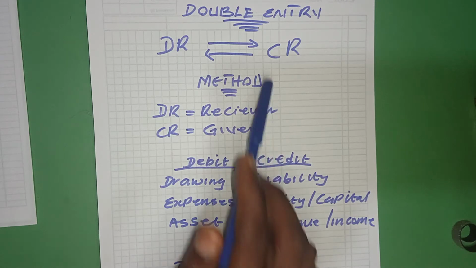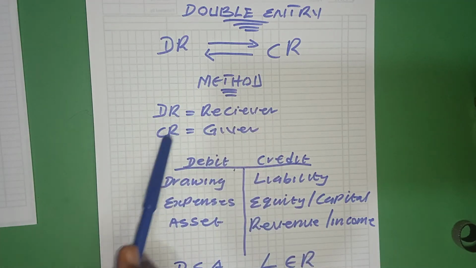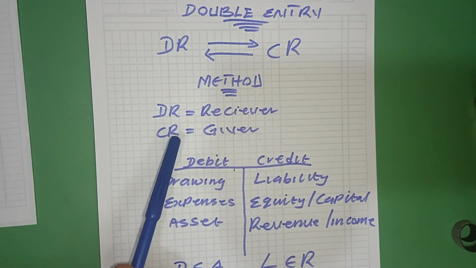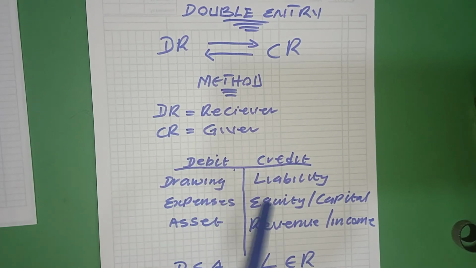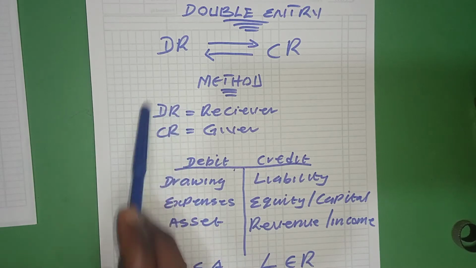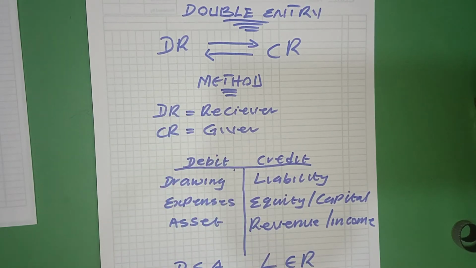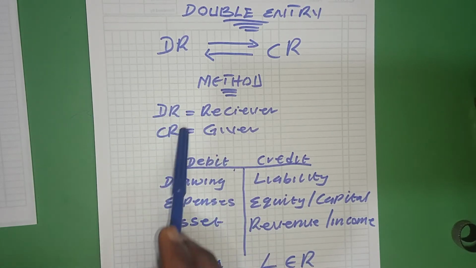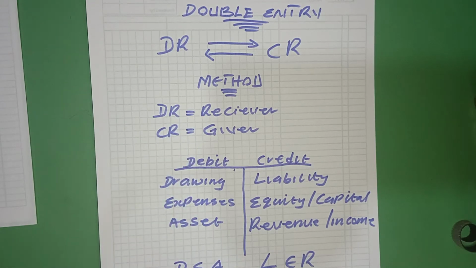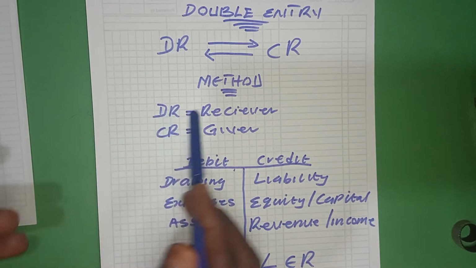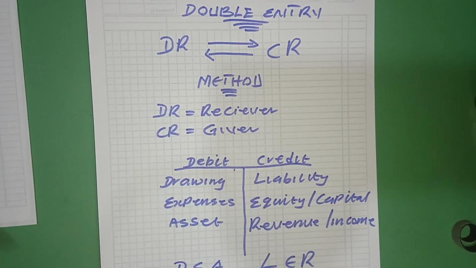And now we have two methods here. They say debit the receiver, credit the giver. Now, in this case, see yourself as the receiver and also see yourself as the giver, because as the owner of the company, you can receive and you can also give.